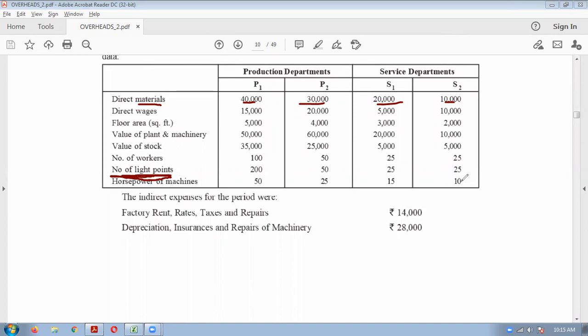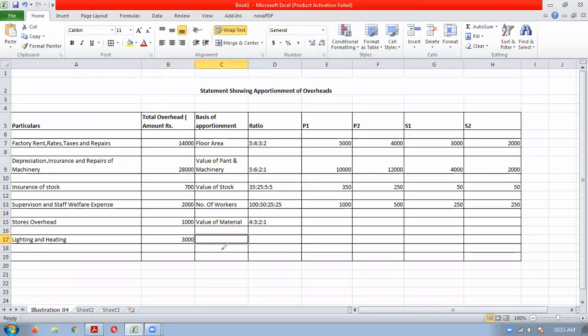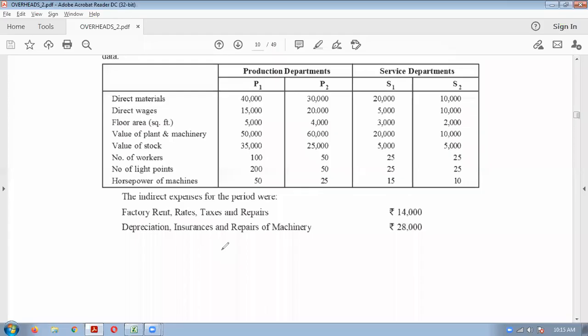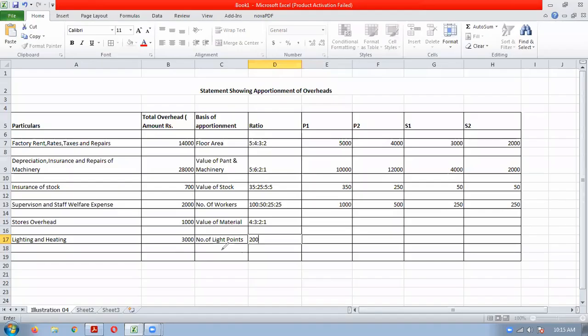So how can you allocate it? Which base can you take? Number of light points. 200 is to 50 is to 25 is to 25.